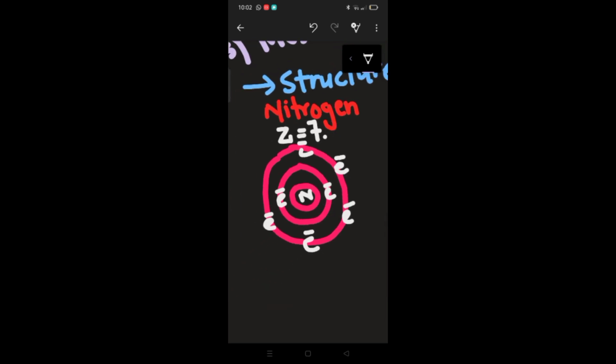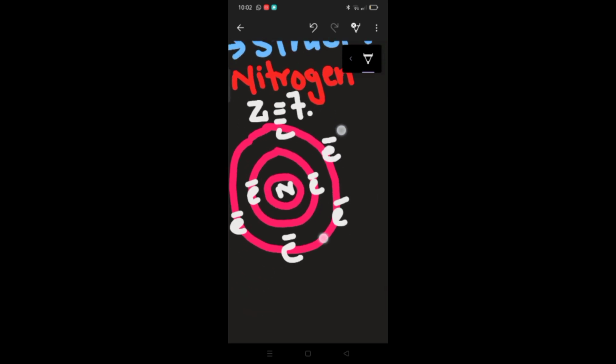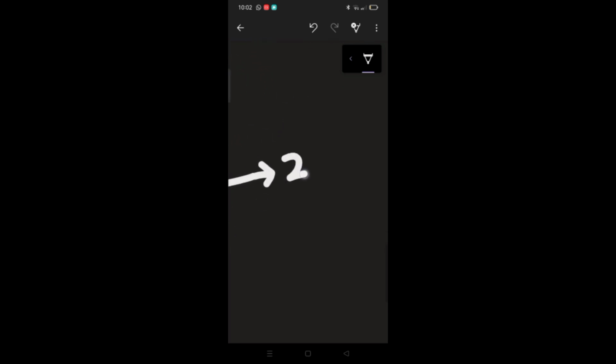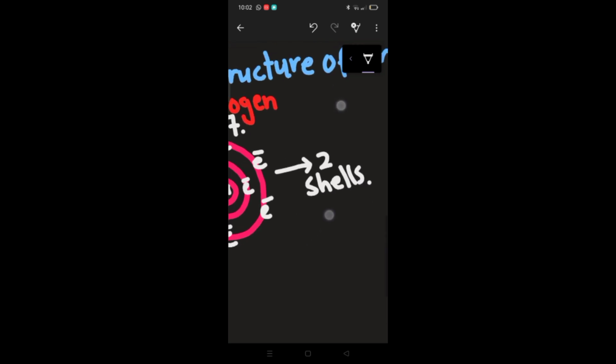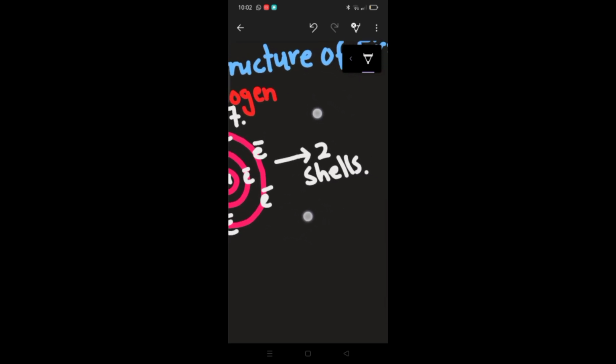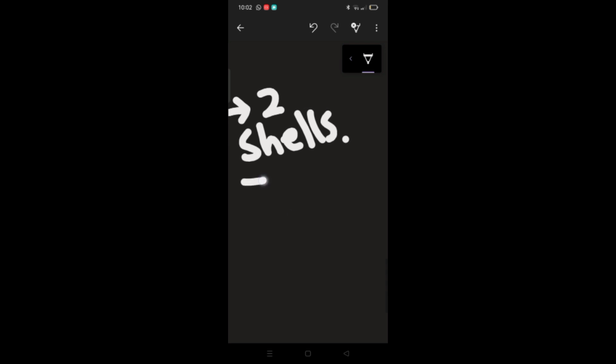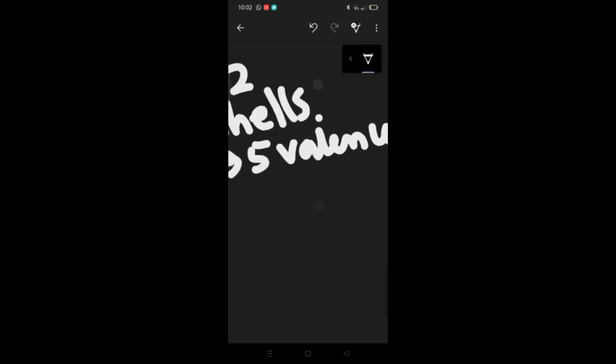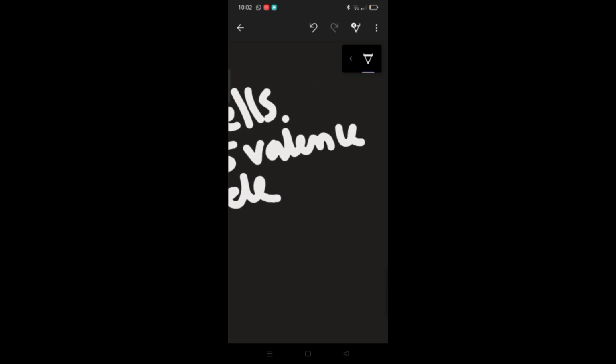As you can see here, 5 electrons are in the outermost shell. So it has two shells, first and second, since it belongs to the second period. And it has 5 valence electrons in its valence shell.